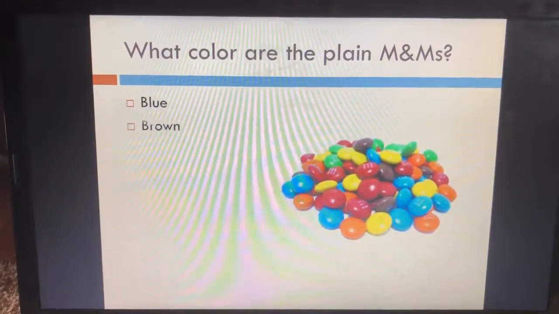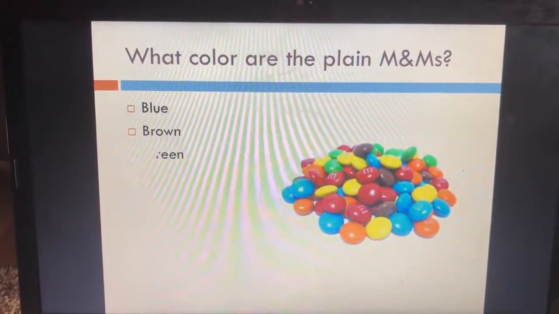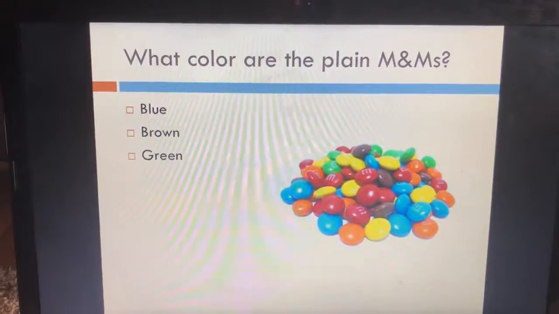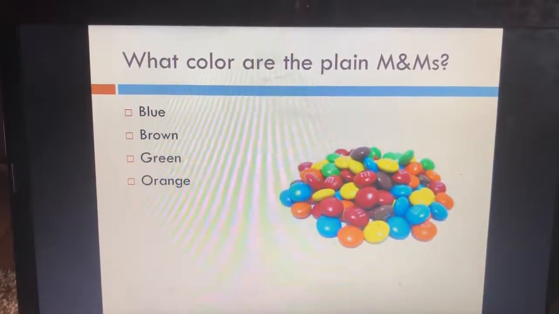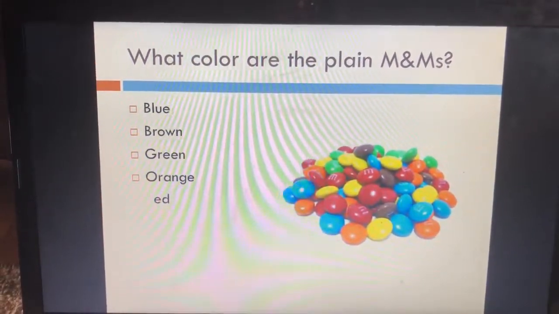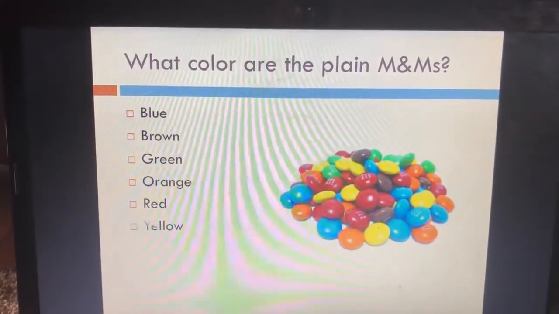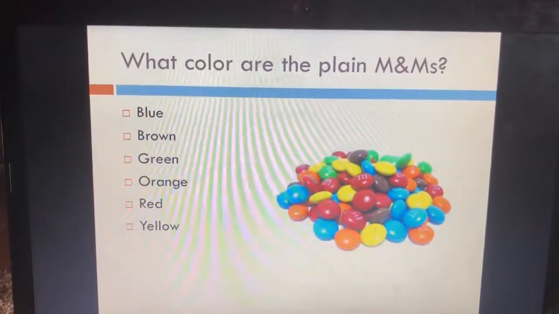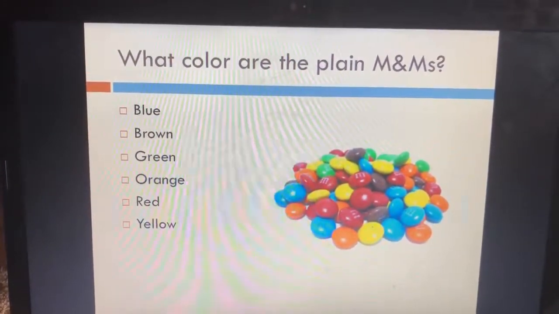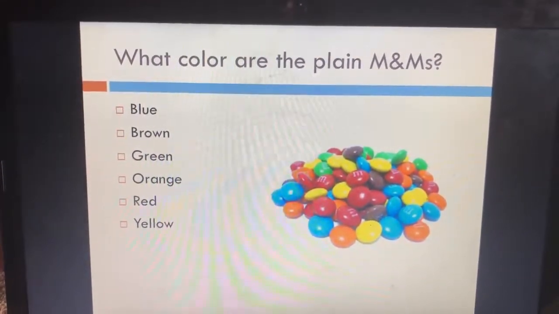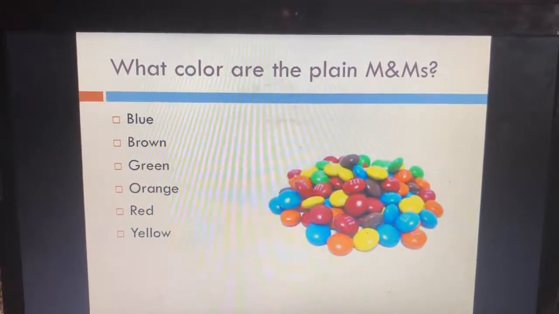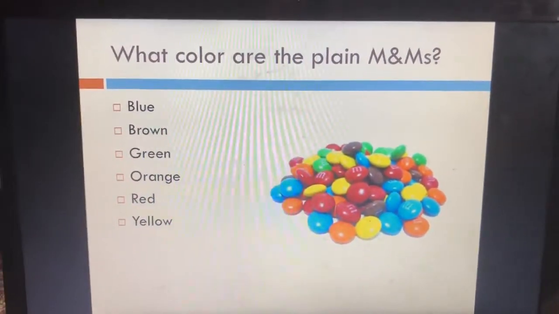Then we have brown, green, orange, red, and lastly we have yellow. So we will be working with these 6 different colors of M&Ms today to find the probability of each color.